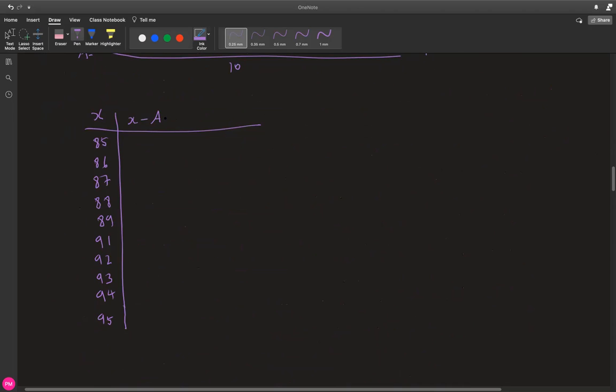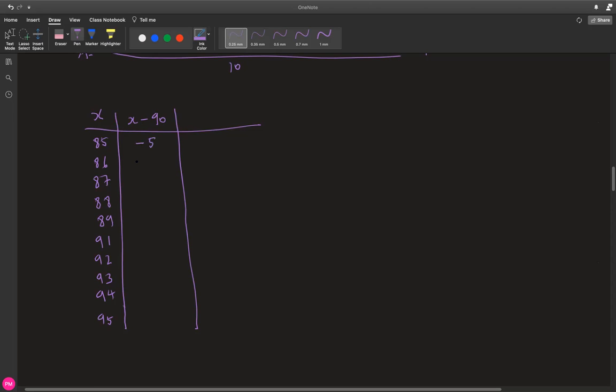Let's find that. In this case, since we know the average is 90, let's actually write 90. So the first row, second column, will be 85 minus 90, so that is -5.